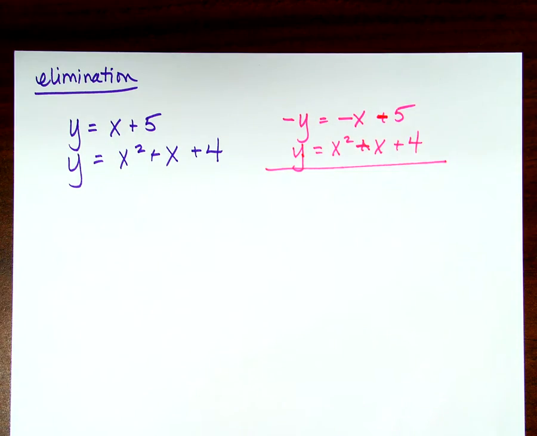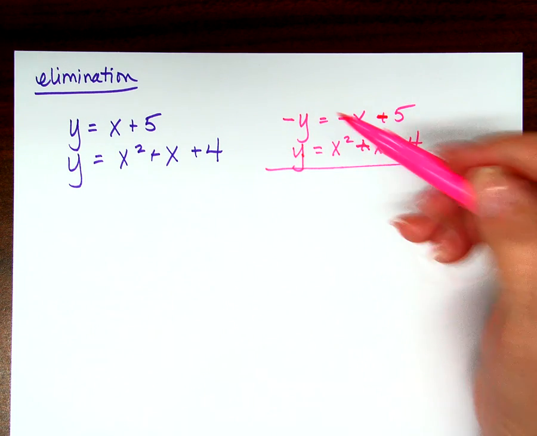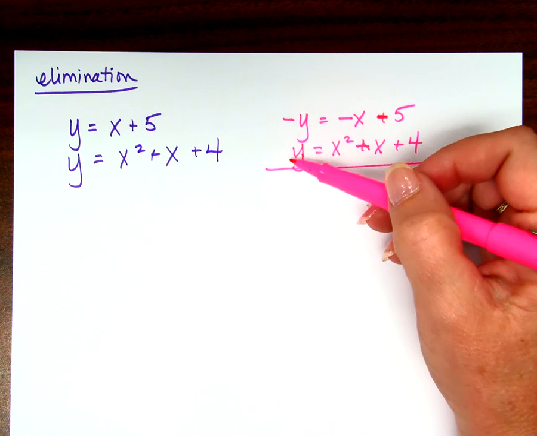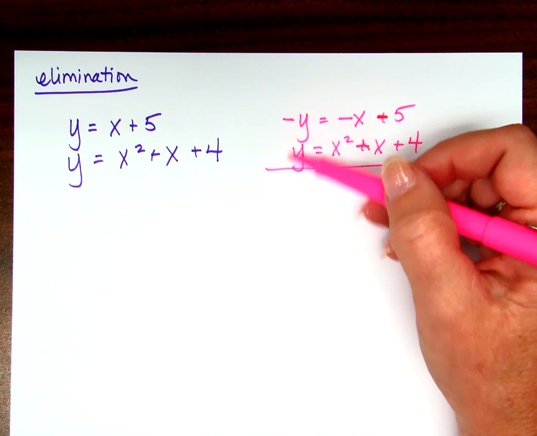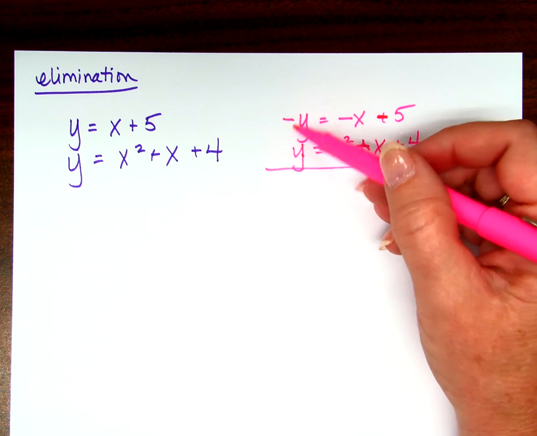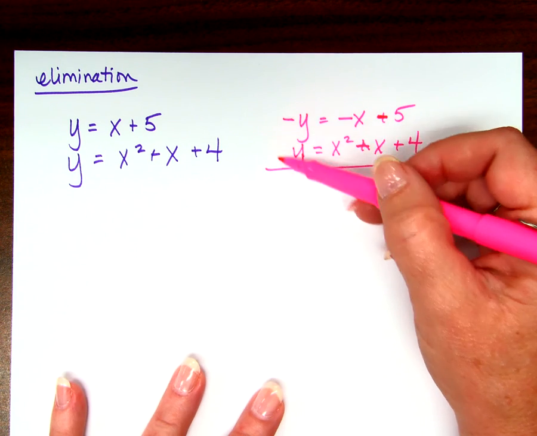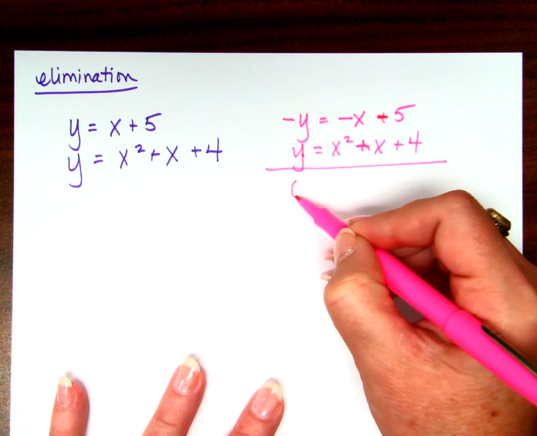Now if I'm going to combine these two exactly as they are, will one of my variables eliminate? Why will y eliminate? Because they are the same number but opposite signs, right? Same coefficient, opposite signs. A negative 1 and a positive 1. So I add these together right now. What do I get? 0.